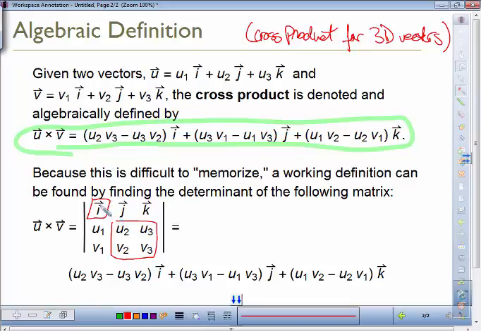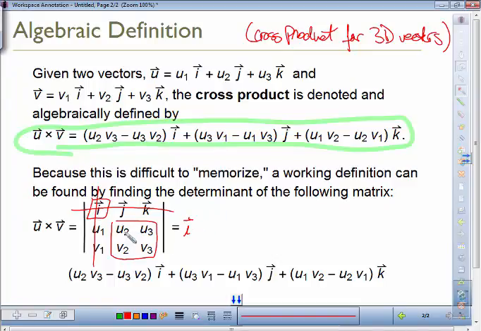We're going to cross out that row and column, and then what you're going to have left is a 2x2 matrix. So the i is going to be our first value. It's actually a vector, but we'll treat it as if it were a value.